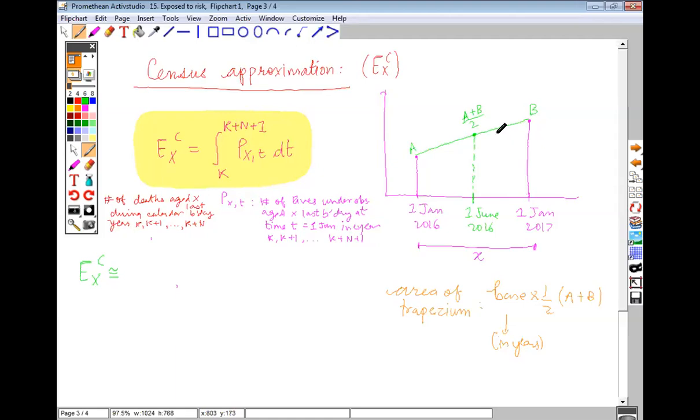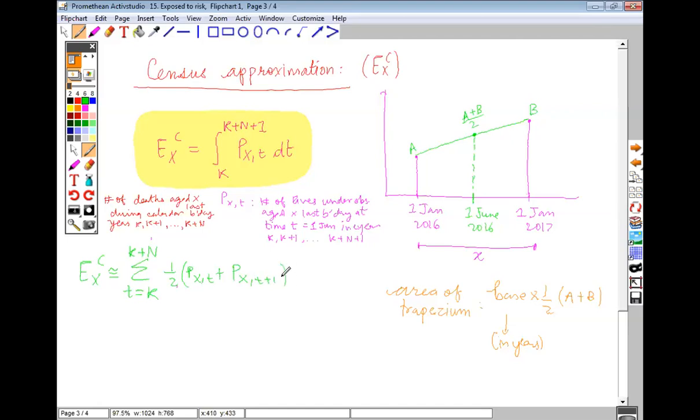So for any PXT, I will again use a summation, because we are looking at discrete times now, and we do not observe PXT continuously. We only observe this on some particular date in each calendar year. So we observe this from K to K plus N, and for the formula here, Px comma T plus Px comma T plus 1.